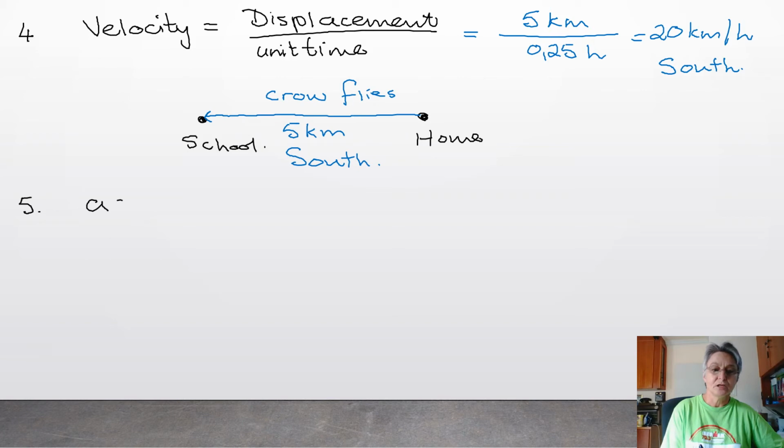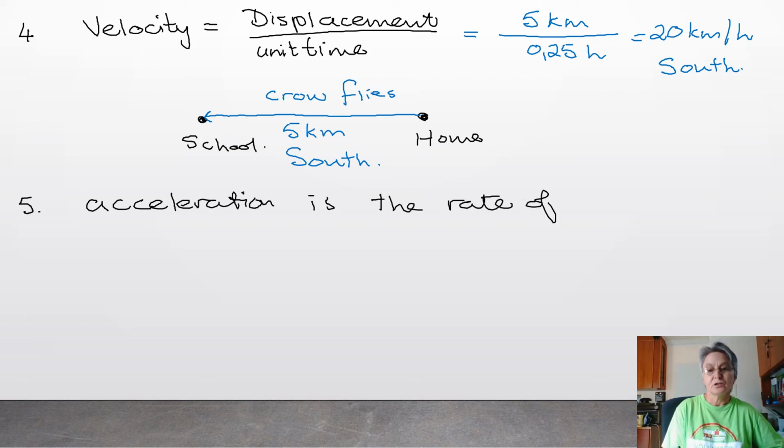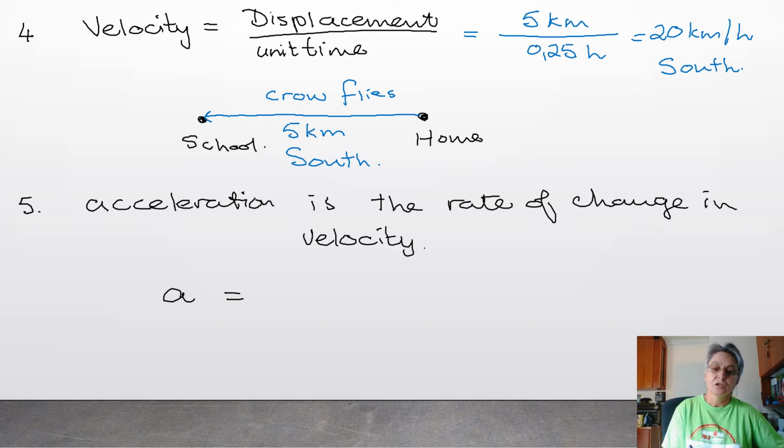Now, acceleration is the rate of change in velocity. So if we take this A for acceleration, change in velocity is Vf minus Vi, and the rate of change in velocity means I need to divide that by time.